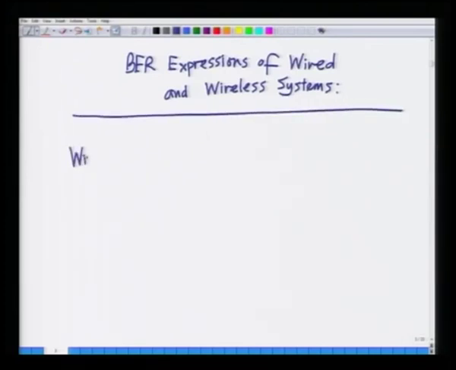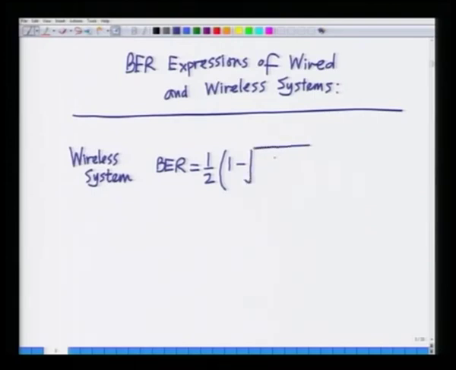In a wireless system, we said the bit error rate equals half of 1 minus SNR over 2 plus SNR, which is approximately equal to, we said, 1 over twice of SNR.